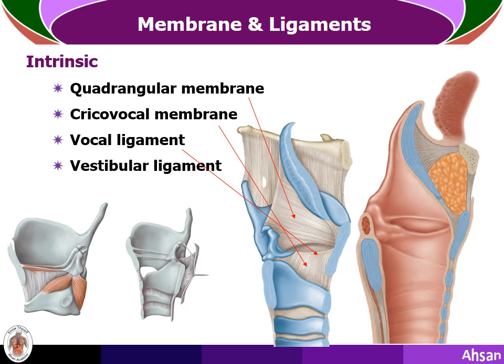The quadrangular membrane below thickens to form the vestibular ligament. So these are the thickened margins in the case of ligament, vocal and vestibular, but the total flattened area is known as membrane.